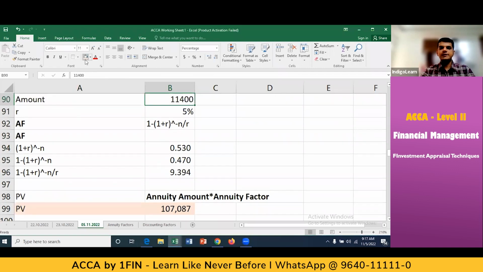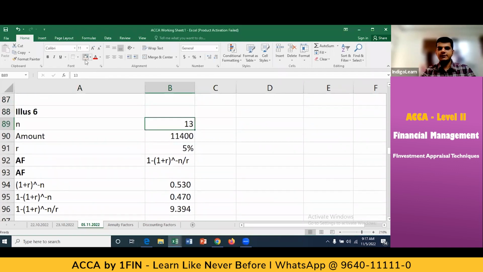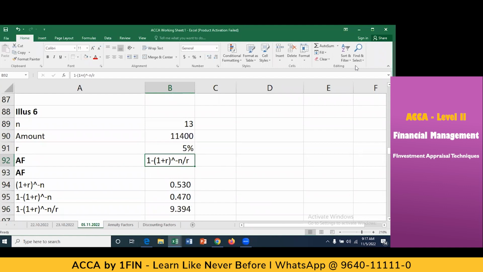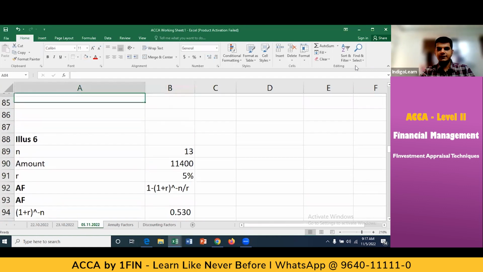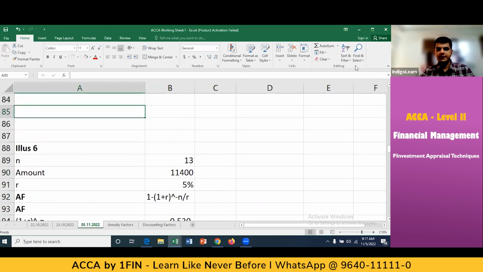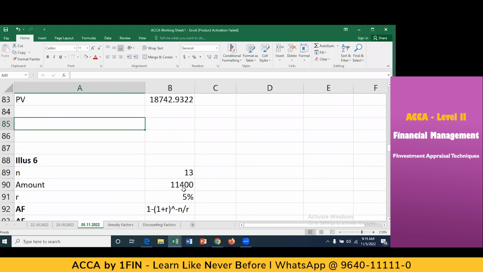So you have used the annuity table directly. Niti, did you use the formula or the annuity table? Sir, I used the annuity table. Okay, just try the formula also. Are you getting the same thing? Okay, sir. Yeah, just try it. I'll try this. Okay.